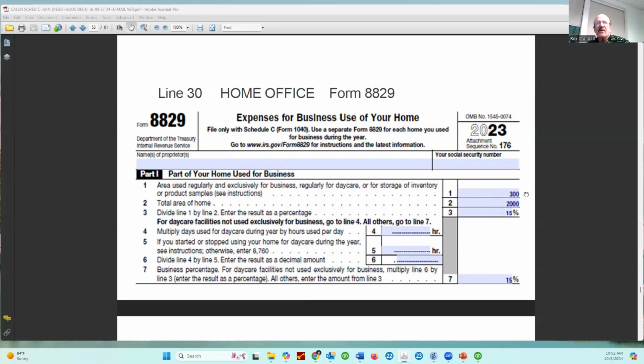It says 300 square feet. Now, the total area of your home, we'll say 2,000. What percentage of your home are you using for business? It says 15%. The other lines are only used for daycare facilities, so we're going to skip those. So we have a business use percentage for the home office.